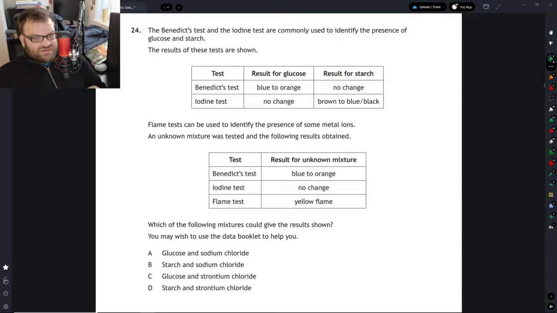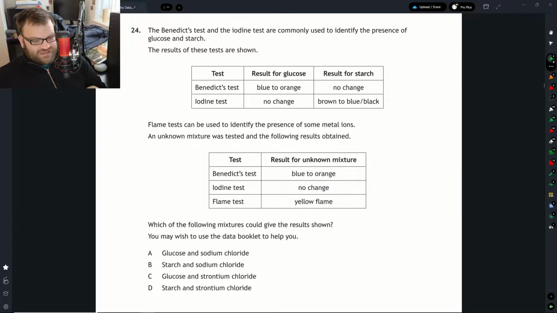In this question, they're talking about Benedict's and iodine tests. These are now more typically done in biology, talking about photosynthesis and plants making starch and all that good stuff. So we're talking about flame testing, give the colour changes, and we're also talking about the results for glucose and starch. Okay, which mixture could produce this?